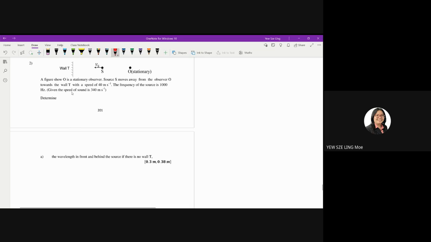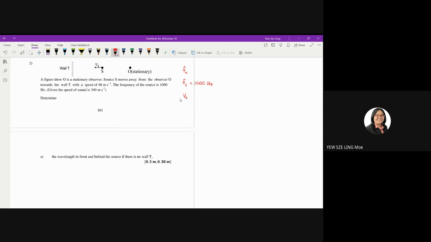So you need to remember when it comes to Doppler effect, we have 5 different variables. The observed frequency, the frequency observed by the observer, and then the frequency of the source. Now in this question, Fs is given as 1000 hertz. And then Vo, the observer velocity, how fast does the observer move?